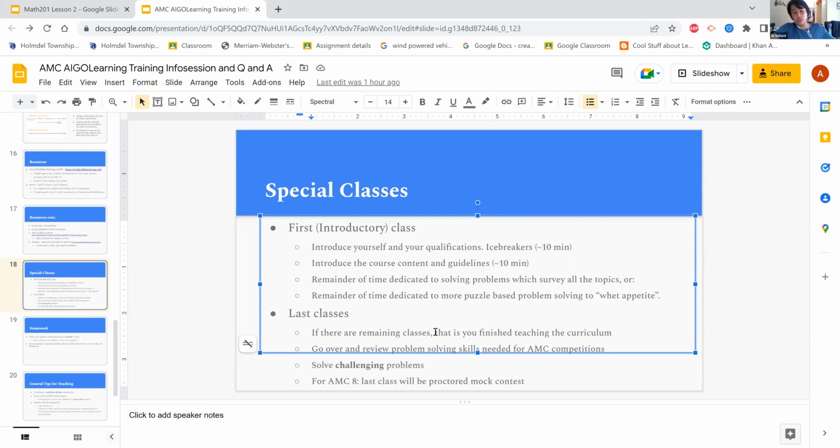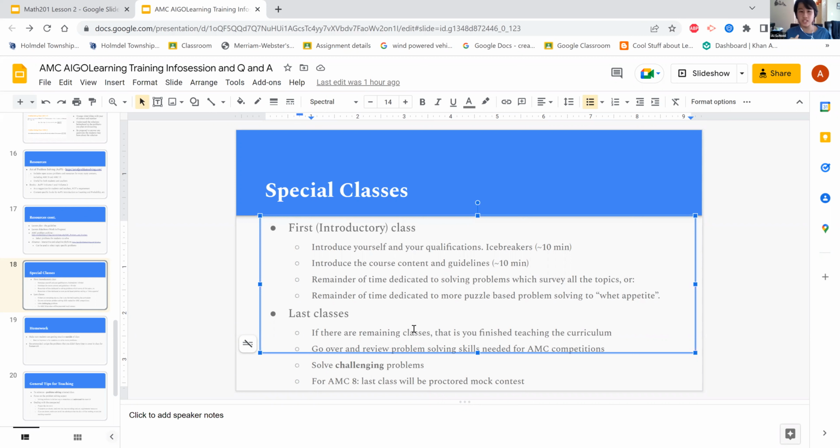And after you finish the introductory and core classes, in the last few classes, if there's remaining time, that is, you finish teaching the core concepts, then you can go over and review problem solving skills needed for AMC competitions, and also pull problems that are particularly challenging. So as the last class, you want to basically review what you learned.